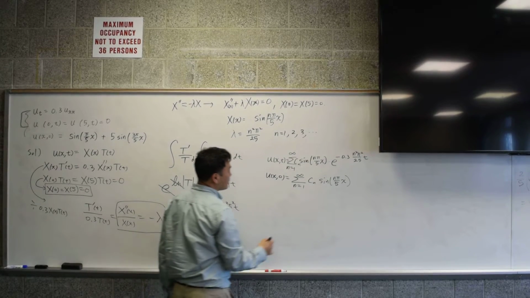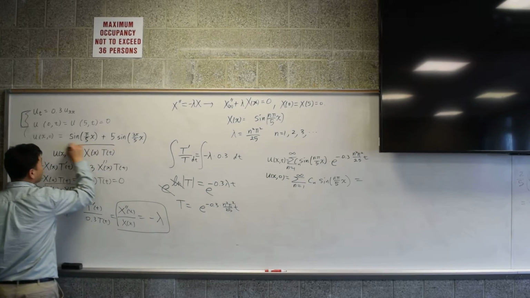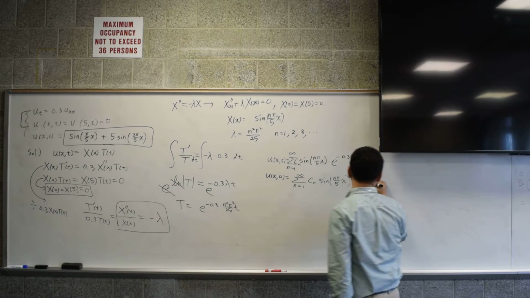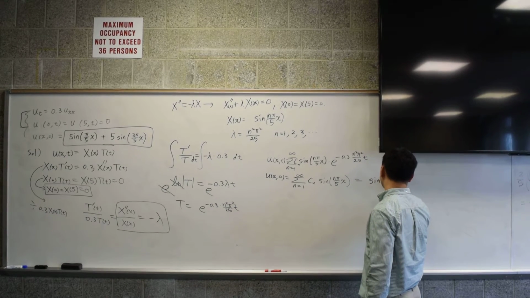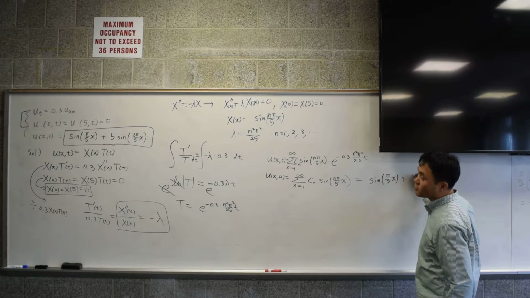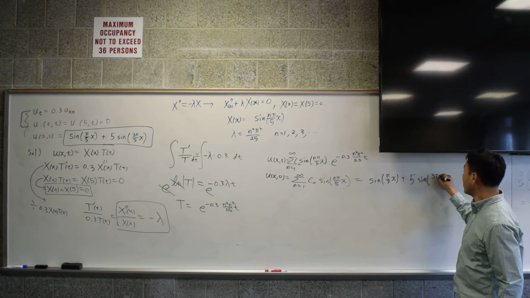On the other hand, this should equal, it has to match with our initial condition, right? Which is sine of pi over 5 x plus 5 times sine of 3 pi over 5 x.